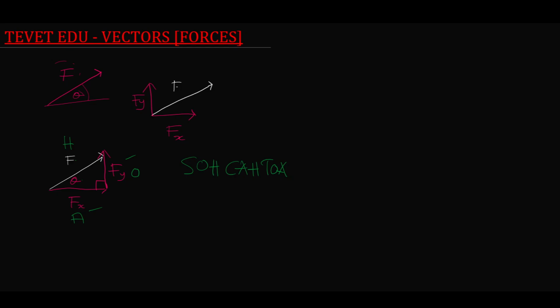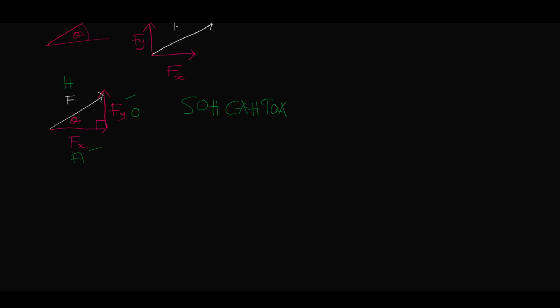So from the triangle here, we know that sine theta is equal to the opposite over the hypotenuse. So our opposite here is Fy over our hypotenuse, which is F, that force there.